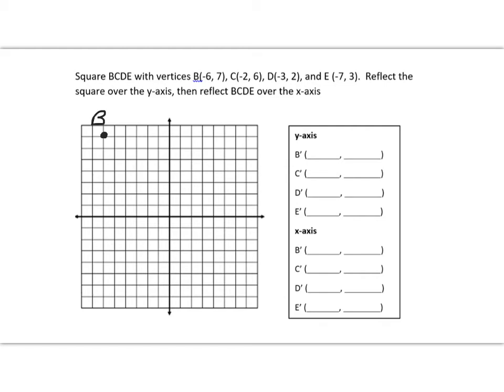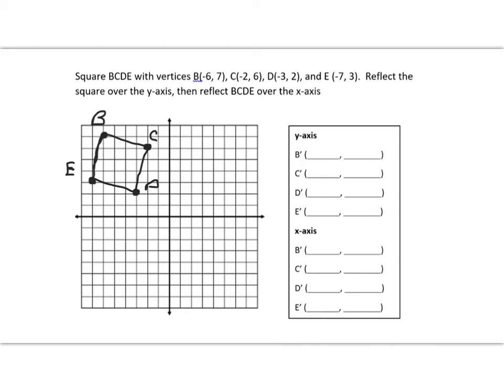That's B, and I got -2, 6. That's C. -3, 2 is D, and -7, 3 is E. Okay, this is my original, my pre-image.